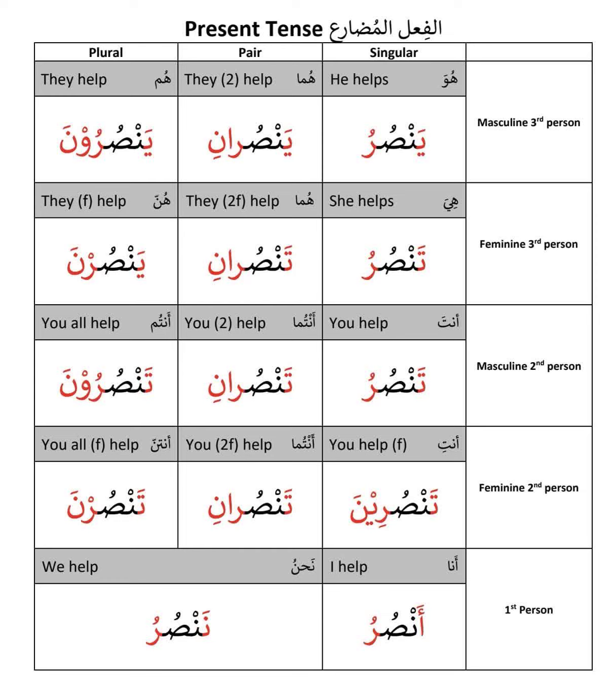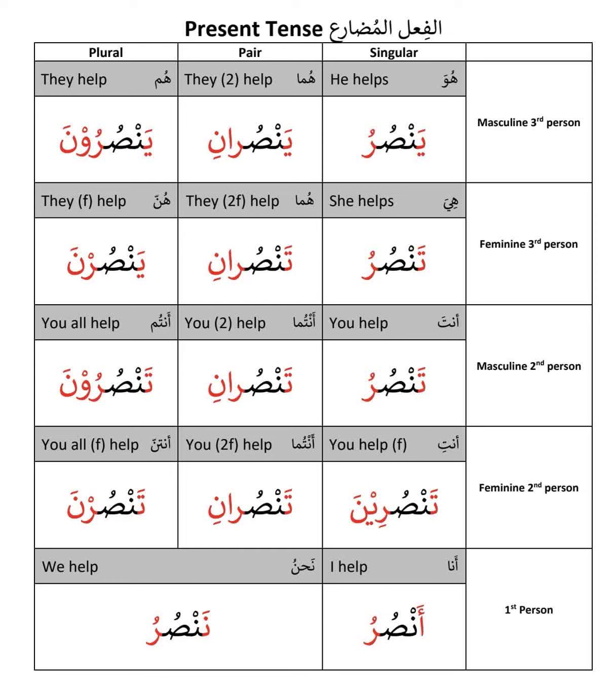I don't know whether you have noted, you can see all the present tense fihls start with either alif, that is a, or na, that is ansuru and nansuru, alif and noon.